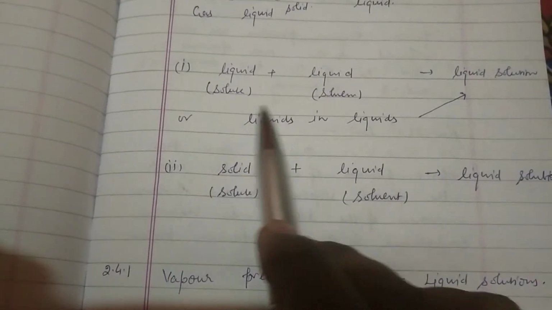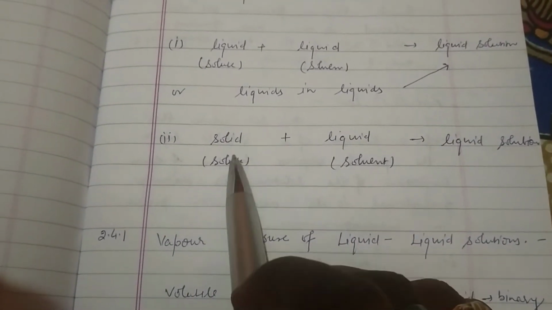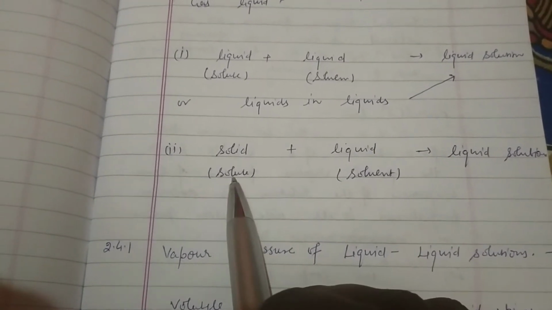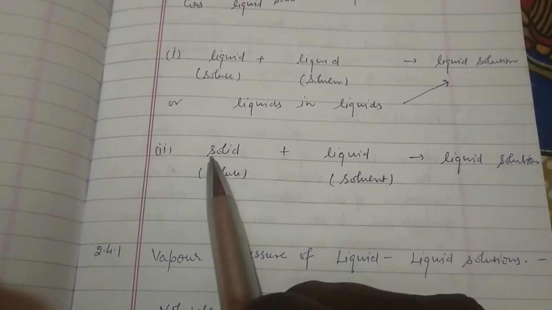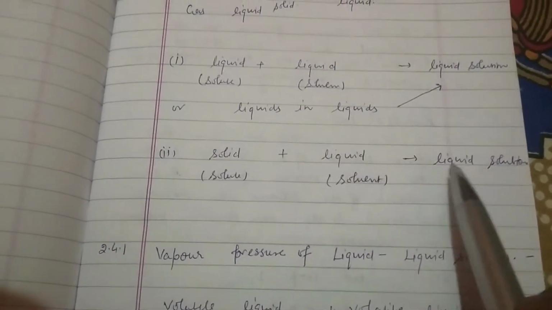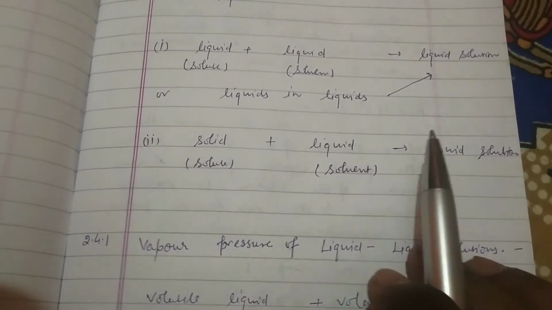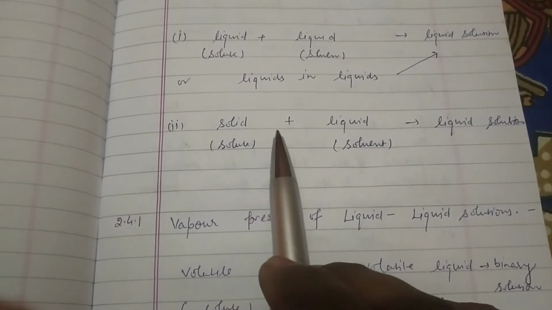This whole phenomenon is called liquid in liquid. Second is solid plus liquid. That means the solute component is in solid form and the solvent component is in liquid form. When a solid is added to a liquid, the formed solution is also called a liquid solution, and this is called solid in liquid.